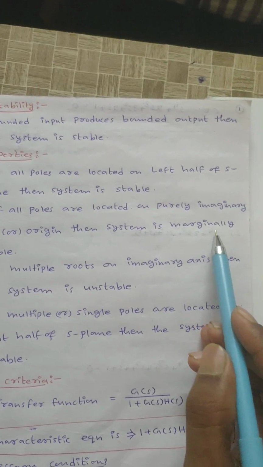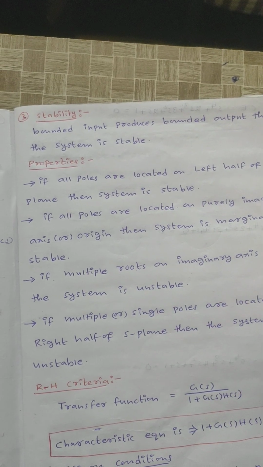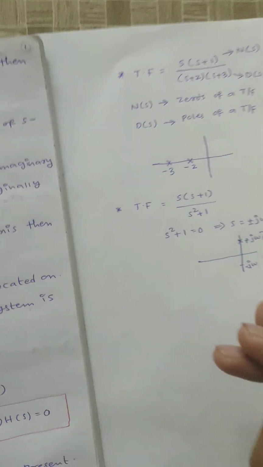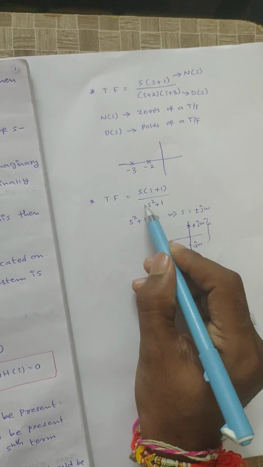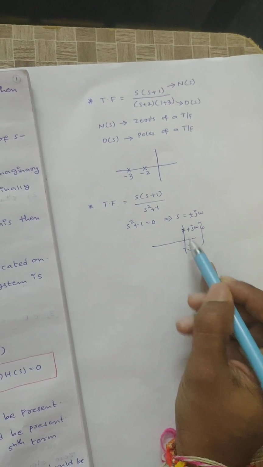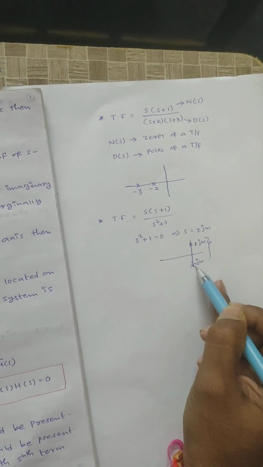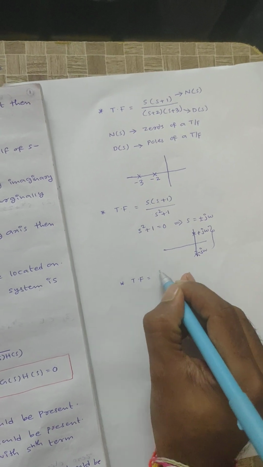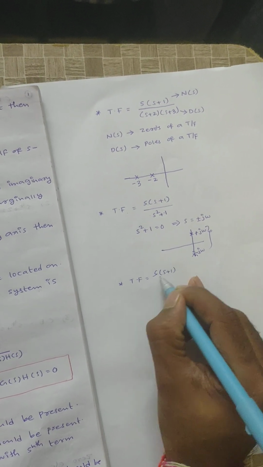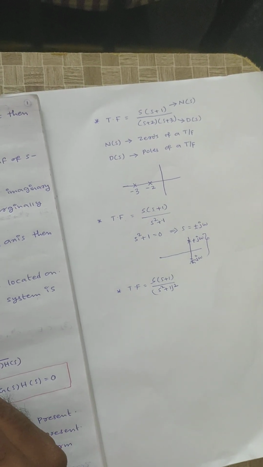Next point: if there are multiple roots on the imaginary axis, then the system is unstable. See here, the same transfer function S into (S plus 1) by (S square plus 1). Here the poles are located on the imaginary axis, right? This is a marginally stable system. Suppose the transfer function is S into (S plus 1) by (S square plus 1) whole square.